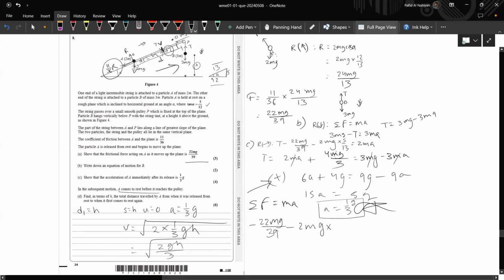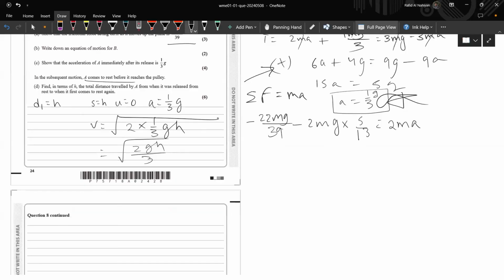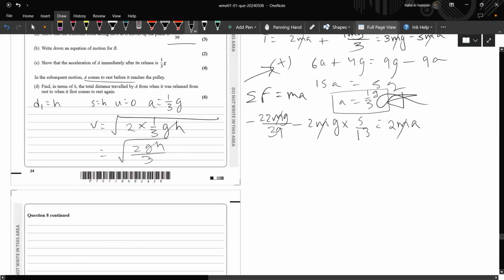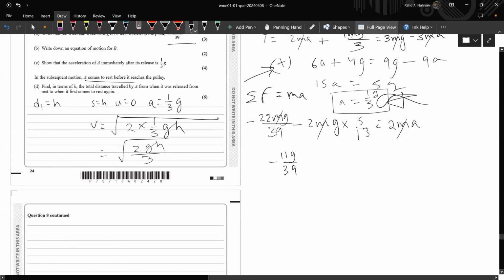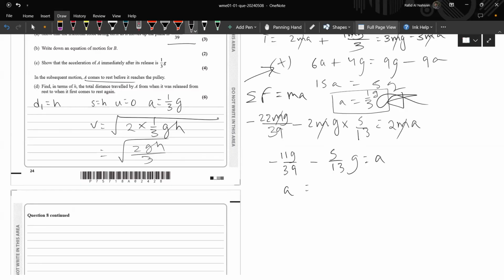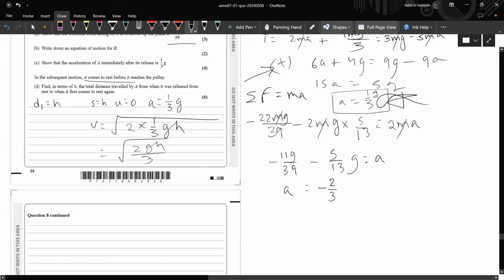So 2mg times 5 by 13 equal to the mass times acceleration. The mass is 2m, and the acceleration is what I have to find out. So I can clearly cancel out the m's on both sides and divide both sides by 2, right? That would give me minus 11g by 39 minus 5 by 13 g equal to a. So acceleration comes out to be minus 11g by 39 minus 5 by 13 g. Acceleration is minus 2/3 of g.